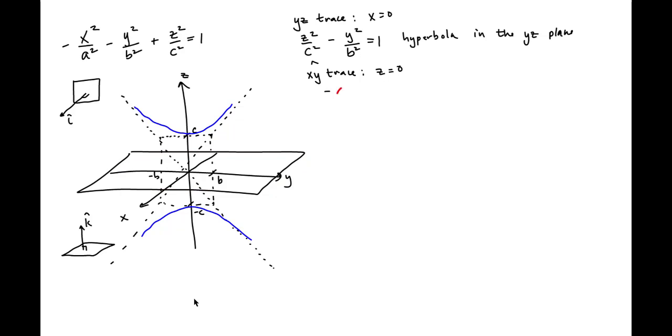Our equation of the quadratic surface is minus x squared over a squared minus y squared over b squared is equal to 1. Well, let's just go ahead and multiply everything by minus 1. So we have x squared over a squared plus y squared over b squared is equal to minus 1.